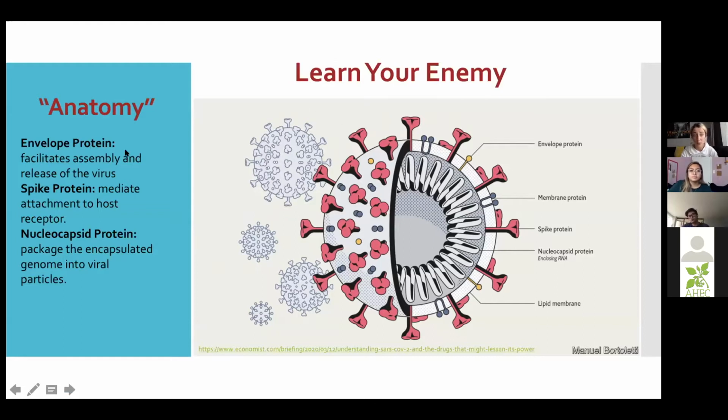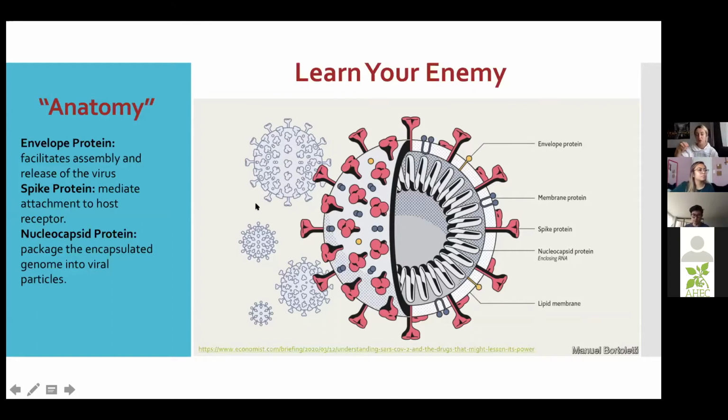The envelope protein facilitates assembly and release of the virus, and you can see the envelope protein here, the yellow protruding proteins. Another important one is the spike protein, S. If you see those red, club-shaped spikes, what they do is mediate attachment to host receptors.